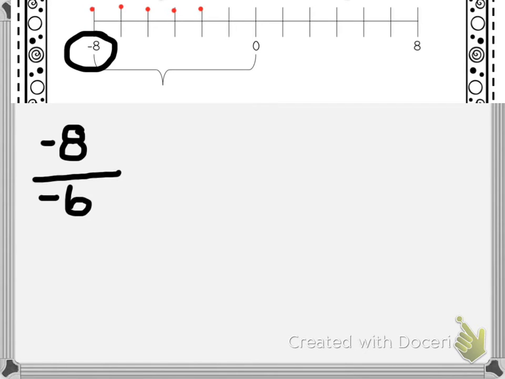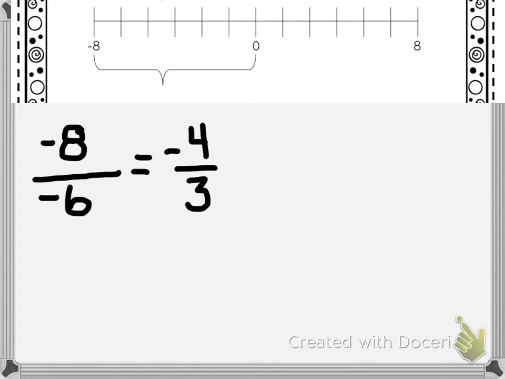I'm going to divide -8 by 6, which is -4/3. So now I can look closer up at my number line, and each interval going to the left is going to be worth -4/3. So I'm going to go ahead and fill in my number line here.